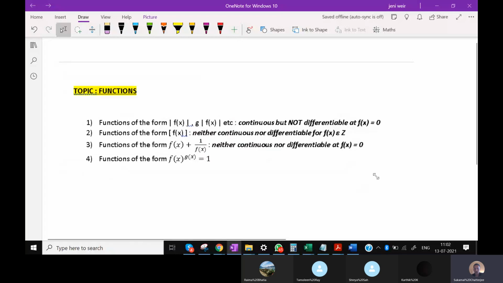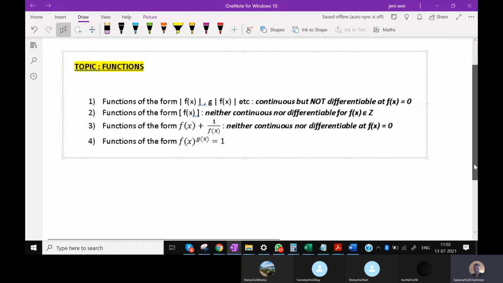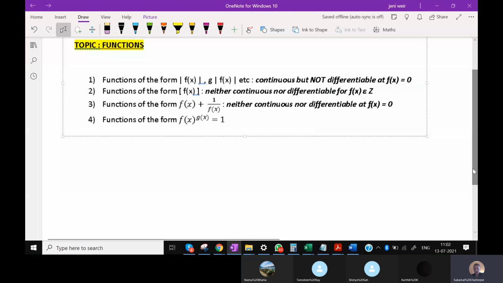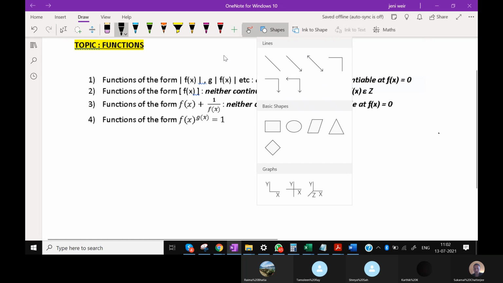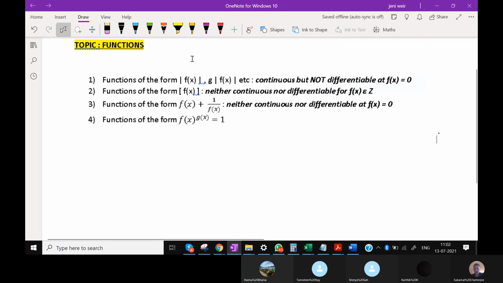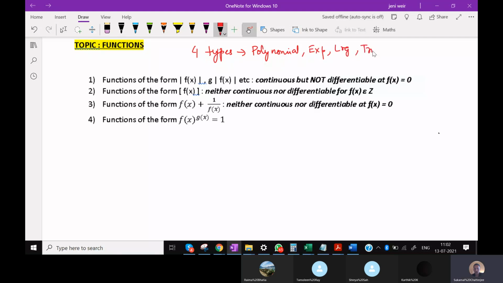Now, in functions, these are the four typical functions based on which a lot of questions are asked, right? Now, in general, we have four types of functions, which are polynomial, exponential, logarithmic, and trigonometric.